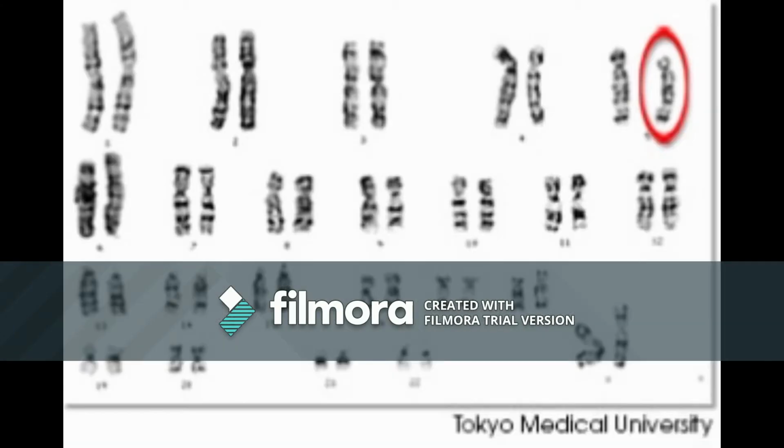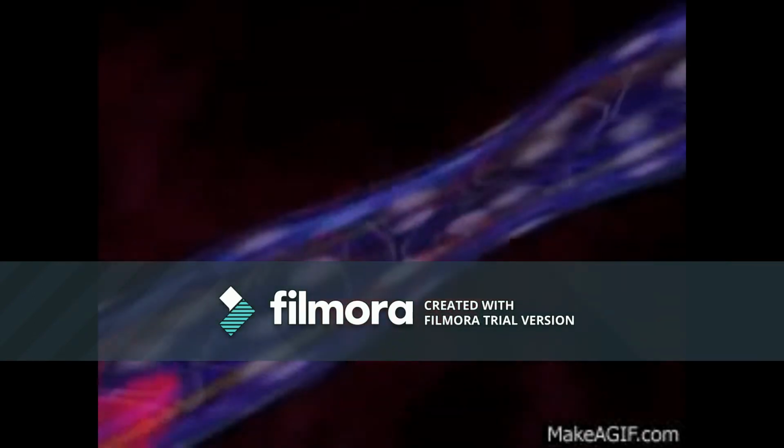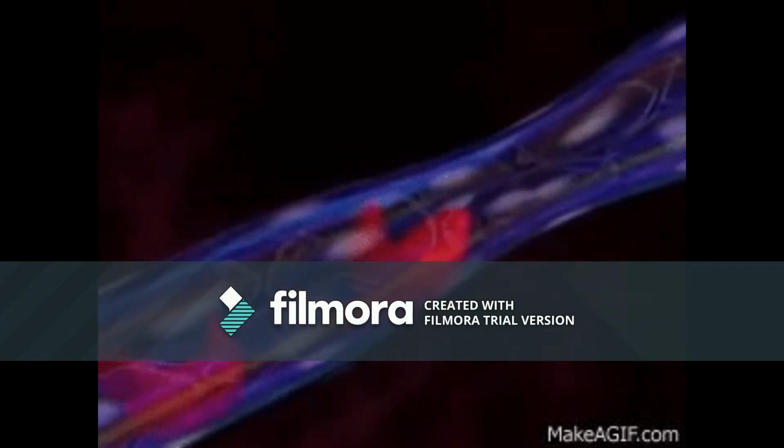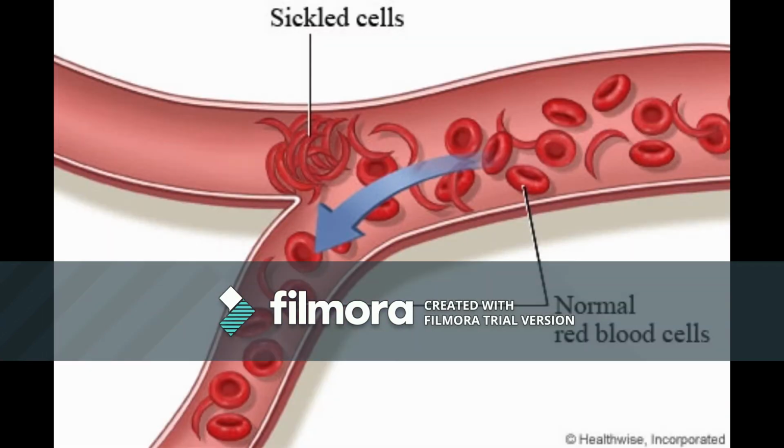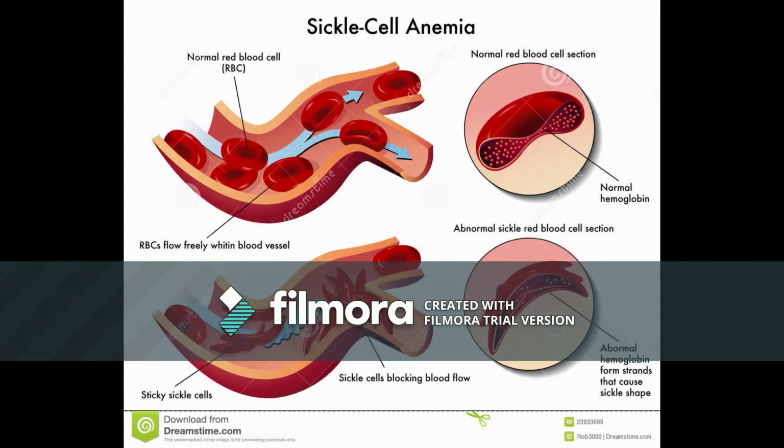The term sickle cell disease describes a number of inherited red blood cell disorders. People with SCD have abnormal hemoglobin, called hemoglobin S or sickle hemoglobin, in their red blood cells. Causes of sickle cell disease: abnormal hemoglobin, called hemoglobin S, causes sickle cell disease.